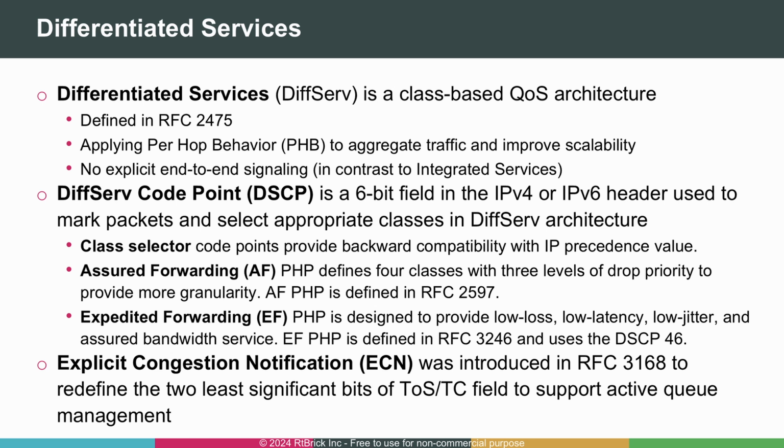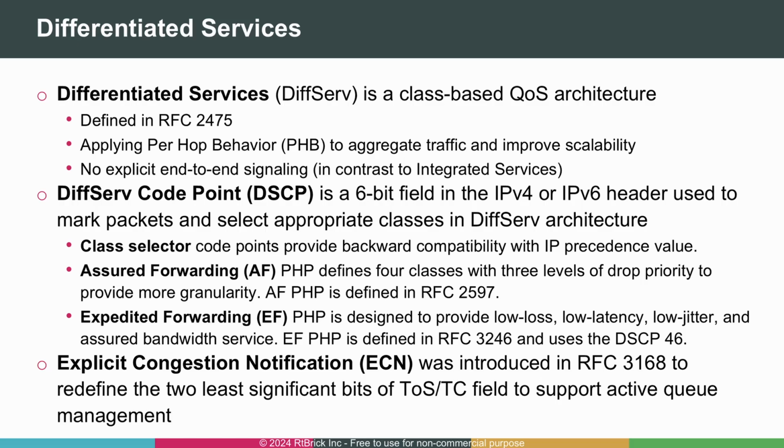A key concept of the DiffServ model is per-hop behavior, meaning that each device in the network applies its QoS treatment independently. This is similar to IP routing, where each router performs its own route lookup. The main advantage of per-hop behavior is that it reduces the need for soft states in the network and aggregates traffic streams, resulting in improved scalability.